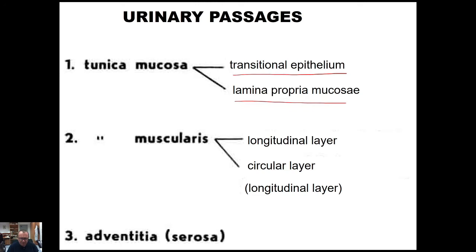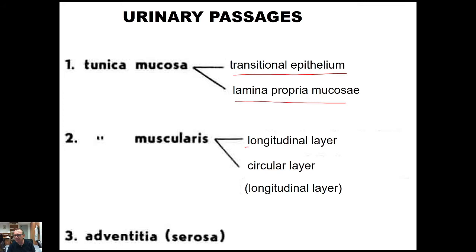Then the second layer is tunica muscularis, so there is no submucosa in urinary passages. Directly under the mucosa is tunica muscularis, and look at the orientation of its sublayers. It's very exceptional, and you should remember this.